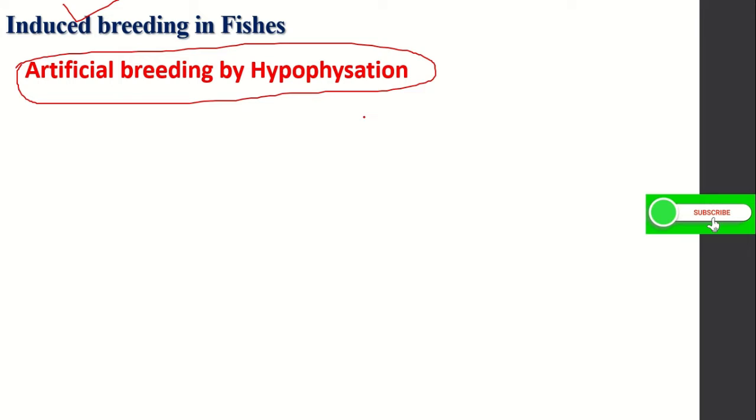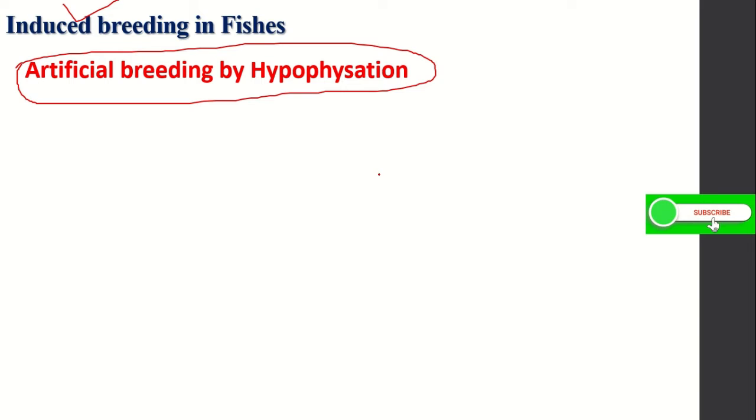So in artificial breeding by hypophysation, or induced breeding, some knowledge about the location of the pituitary and its dissection, preservation and storage, preparation of dosage, and method of injection is very important. So here are some points about the induced breeding technique.